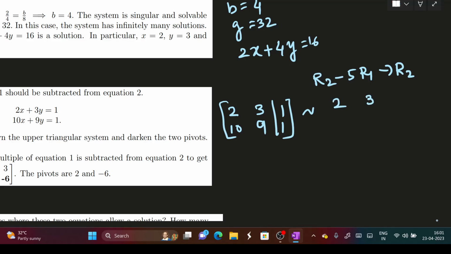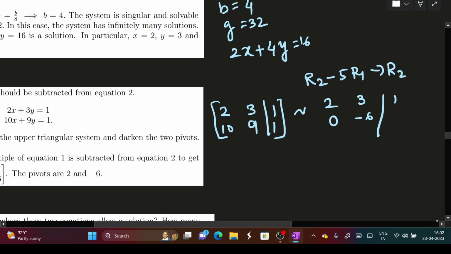Now after elimination, x is eliminated. It is 15 minus 15, 9, so it is minus 6, and here it is 5 times minus 5 plus 1, minus 4.